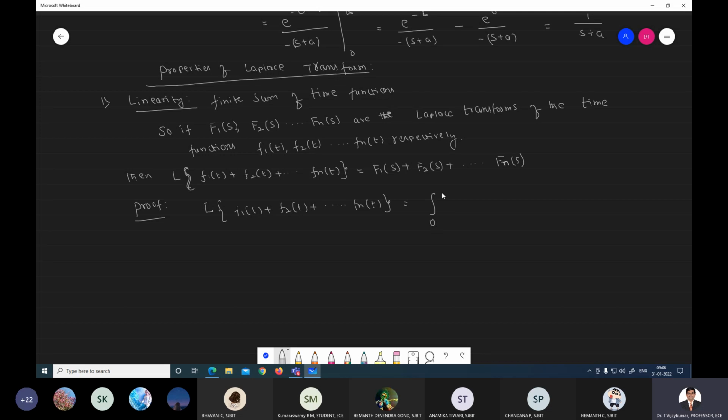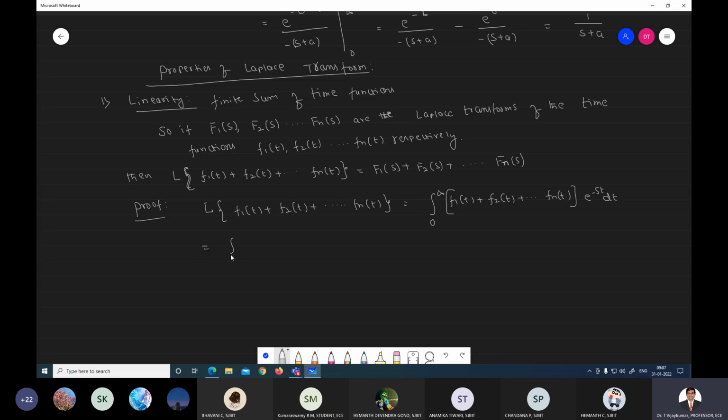Integration from 0 to infinity of e to the power of minus st into f(t) dt. What is the f(t) here? The sum of all these: f1(t) plus f2(t), etc., fn(t). These are all f(t), into e to the power of minus st into dt.